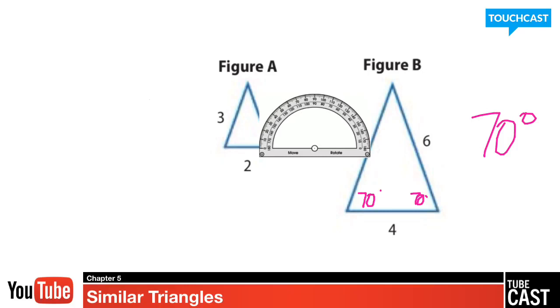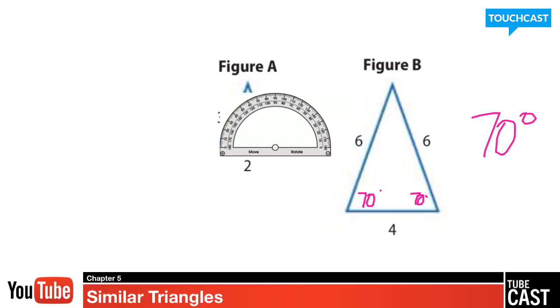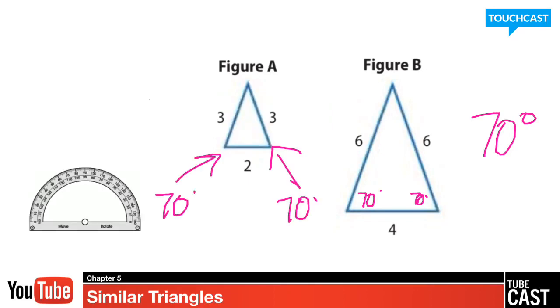And if we lined up the other direction, making sure to stay on 0, trying to get that vertex in the center, you would see again that this would line up with the 70-degree mark here. So by showing that our corresponding angles are equivalent, we can call this a similar triangle.